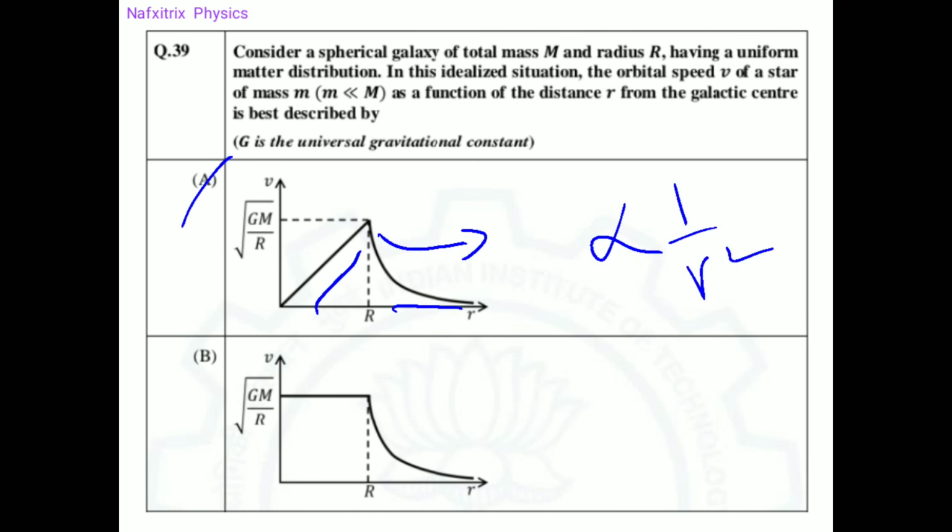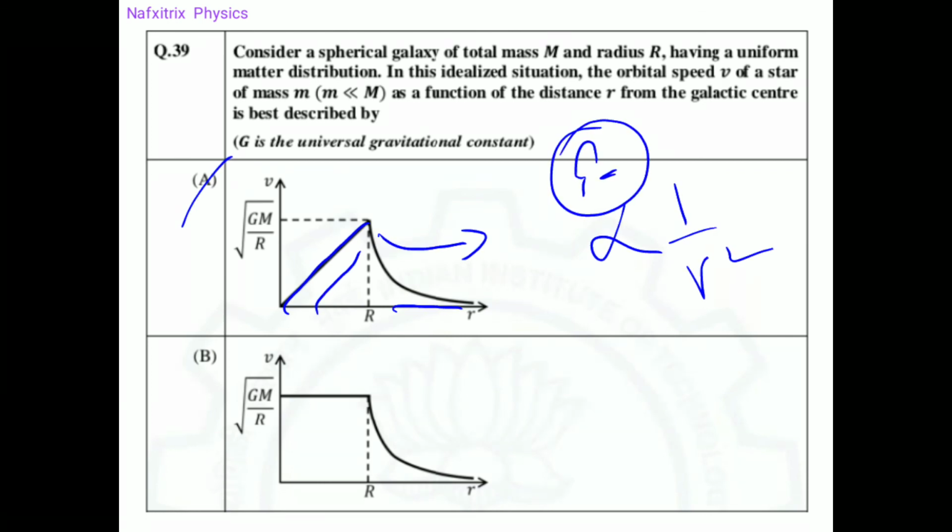And as the star moves away from the galactic center, more mass would be attracting it. More stars would be attracting it, more is the mass, more is the gravitational force, and more speed it needs in order to prevent falling into the center of the galaxy.